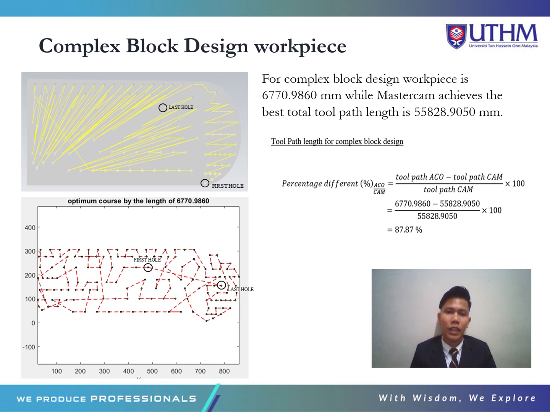Mastercam is moving in directions that do not choose the closest toolpath, while ACO goes to the closest and finds the best toolpath for the complex block design. These two results are calculated to find the percentage difference, and ACO produces a reduction of toolpath length of 87.87%.